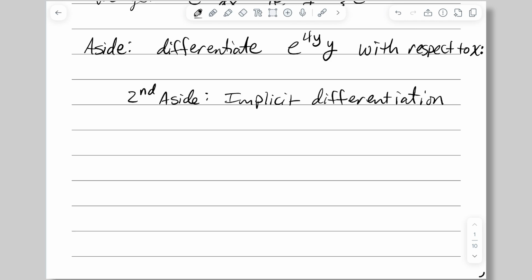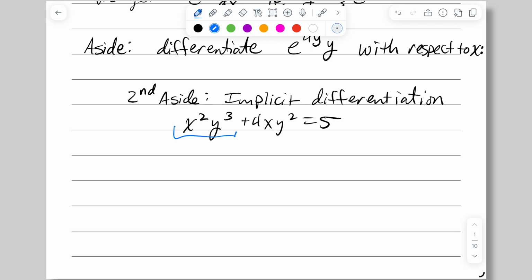So we can consider implicit differentiation. You may recall something in maybe first semester calculus, something that looked kind of like x squared y cubed plus 4xy squared is equal to 5. For our purposes right now, I'm just going to focus on this first term, x squared y cubed.